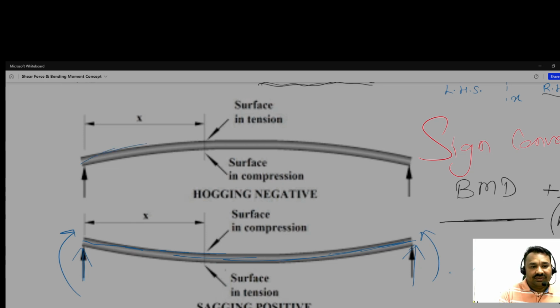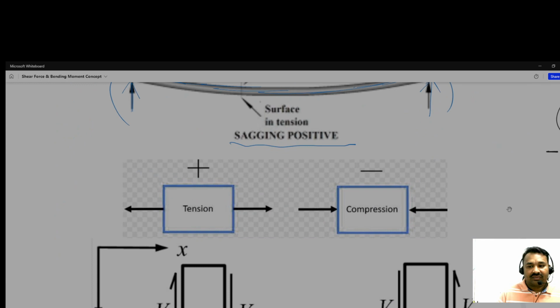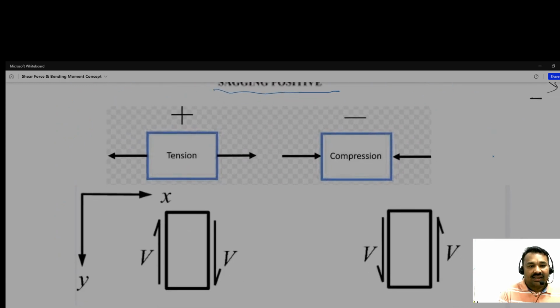And just opposite to this, see here, this outer surface comes in tension, and this kind of deformation is known as hogging, negative. And this is a very general thing, like how the tension force is being applied here, and the compression here. So the tension here is due to extension, the beam length increases, means positive, here the beam length decreases, then negative.